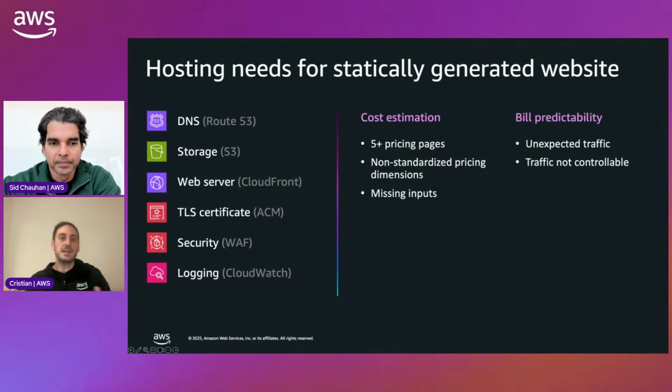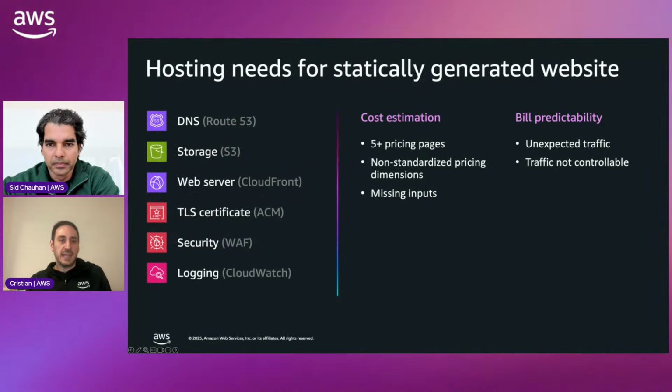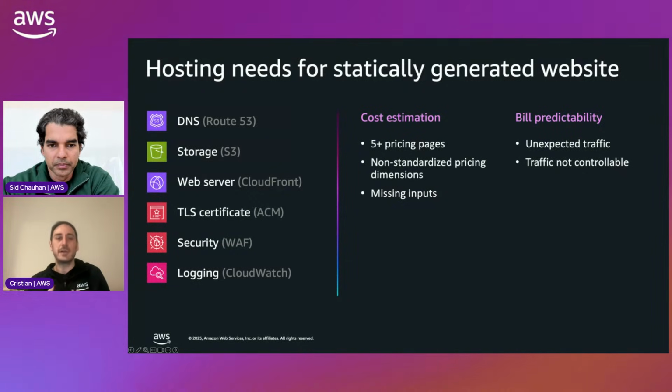So if we just take a really simple example of what this looks like in practice, let's say you're going to host a statically generated website. You're going to need quite a few services to put this together, right? So the first thing you'll need is some DNS. So you use Route 53. You're going to need storage to actually host all of your static assets, your CSS files, your JavaScript files, your images.